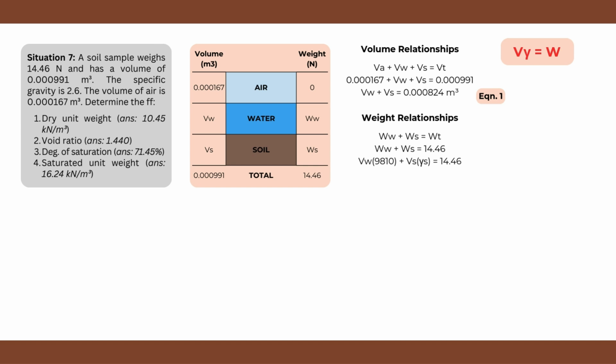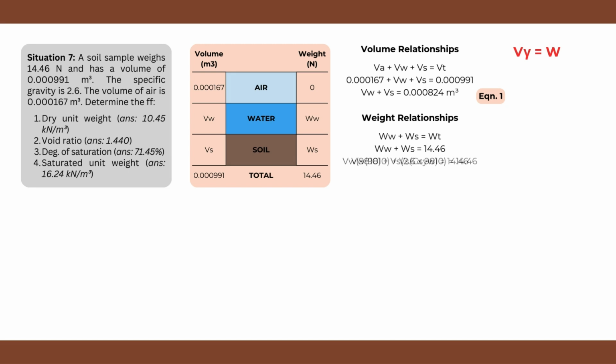Meron tayong given na specific gravity of 2.6. And if we recall correctly, our specific gravity is equal to the unit weight of a given substance over the unit weight of water. Therefore, we can transform this in terms of the soil as the substance, thus giving us the formula of unit weight of soil solids equal to specific gravity times unit weight of water.